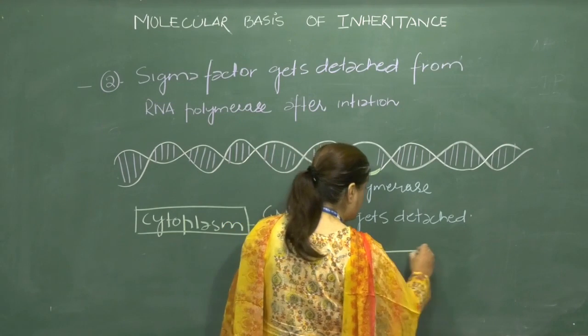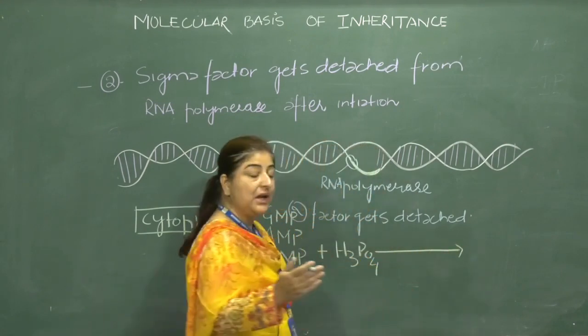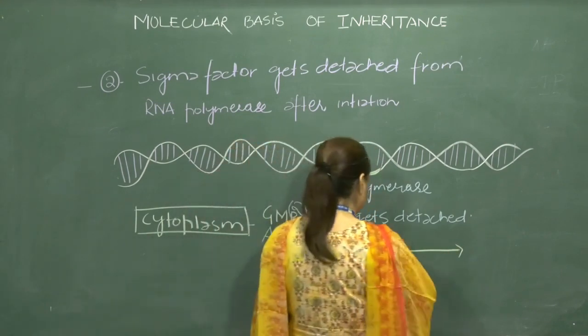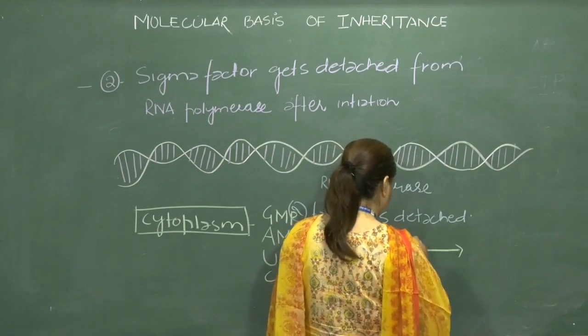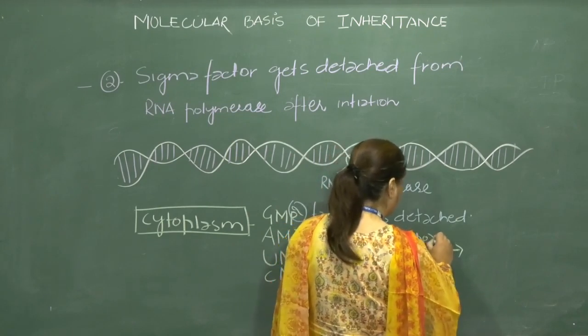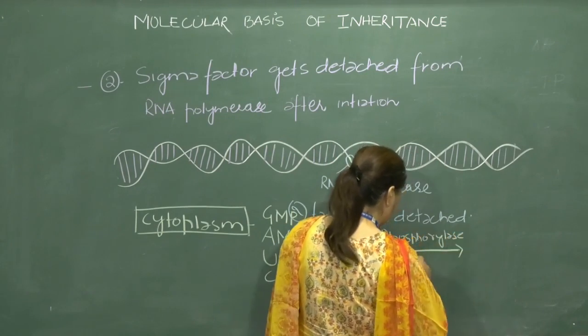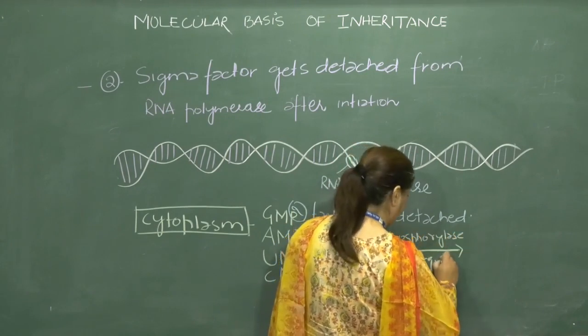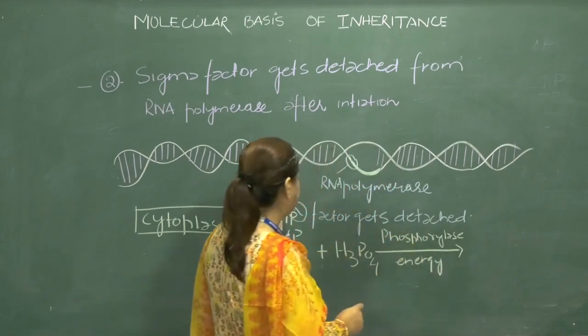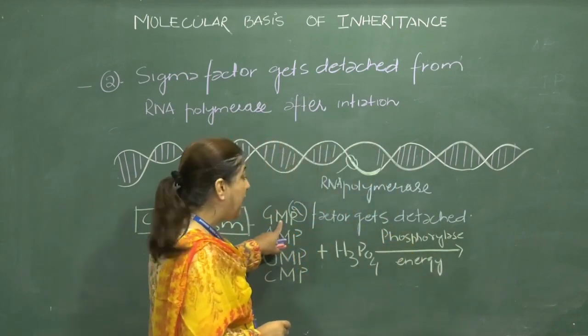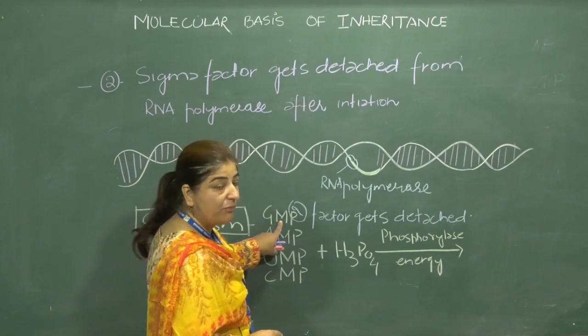This activation is done by the enzymes phosphorylase in the presence of energy. So these get converted into triphosphates. Up till now they were just in the form of monophosphates.